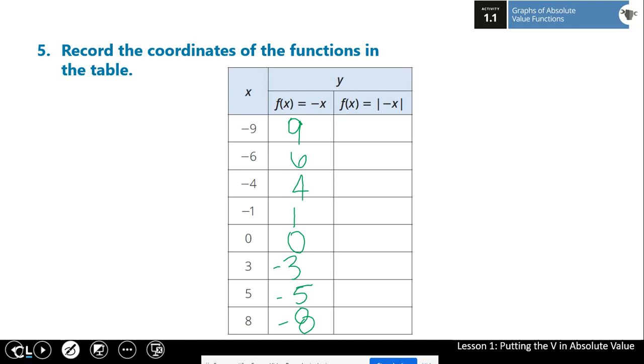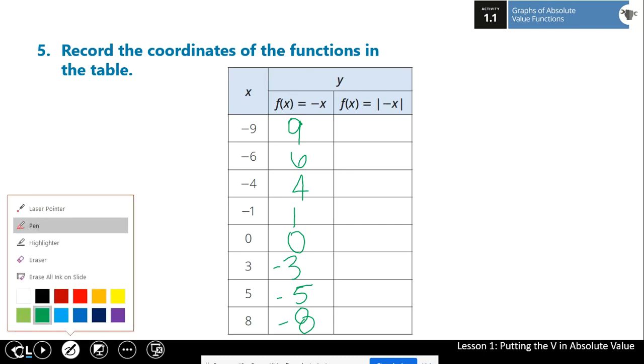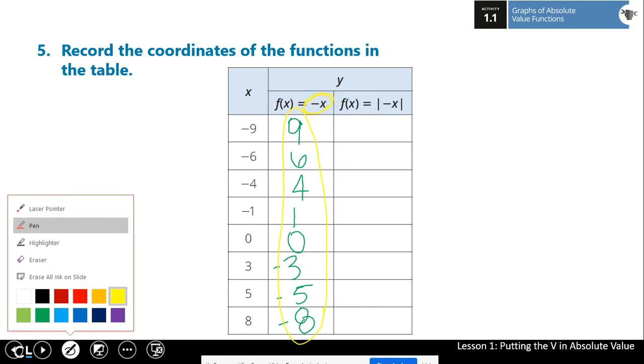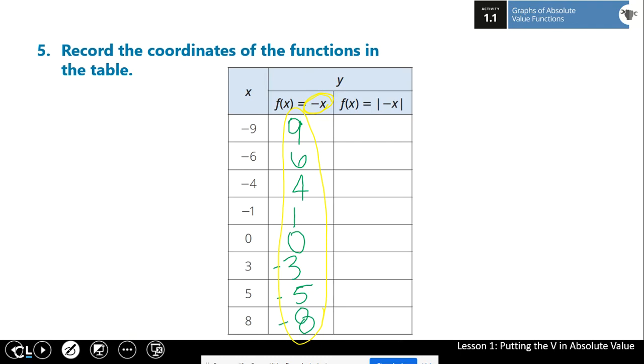And then we're going to take the absolute value of -x. There are two ways you could do this. You could take the absolute value of these numbers right here, because those are -x, or you can do the absolute value of -9, which you would end up getting the same answer of 9.